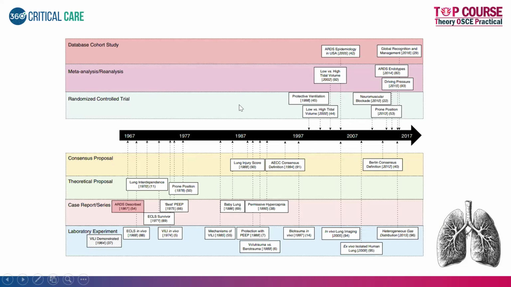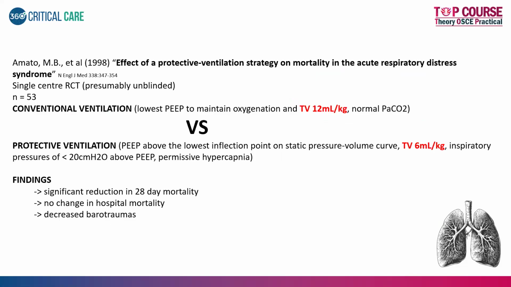That was by Amato et al. He titled his paper "Effect of Protective Ventilatory Strategy on Mortality in Patients with ARDS." It was a single center study involving just 53 patients.